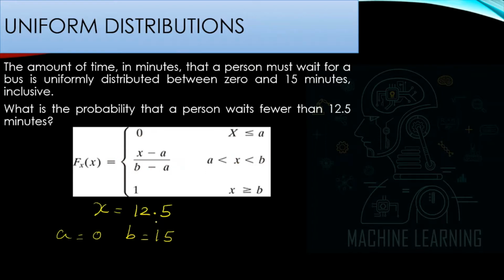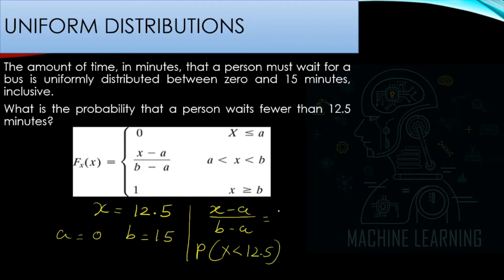To apply this formula, we just have to substitute all the values into (x minus a) upon (b minus a). So we need to calculate the probability of x being less than 12.5. This is very simple.